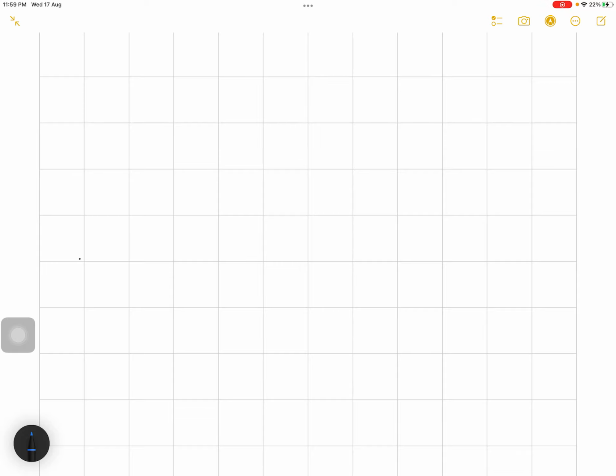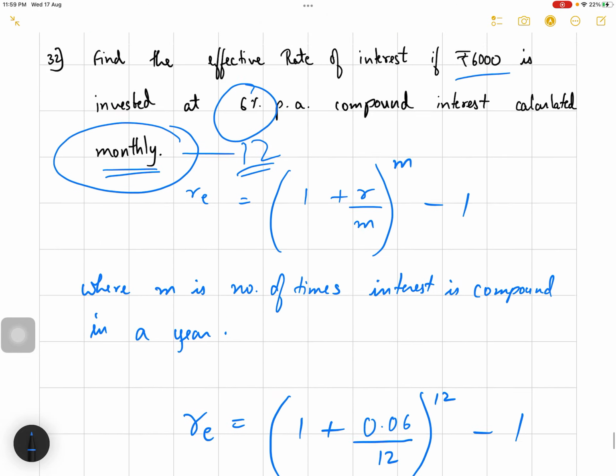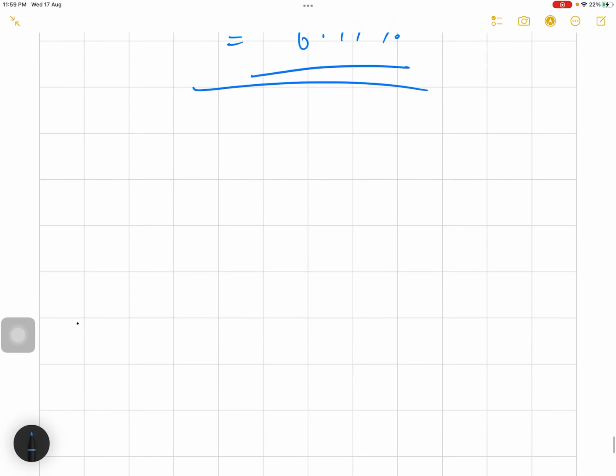Find the effective rate of interest when a sum is lent at 18% per annum, compounded quarterly. Question number 33 I have not written, so I'll give it as homework.